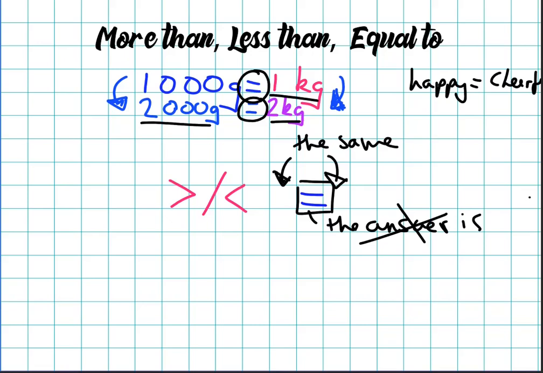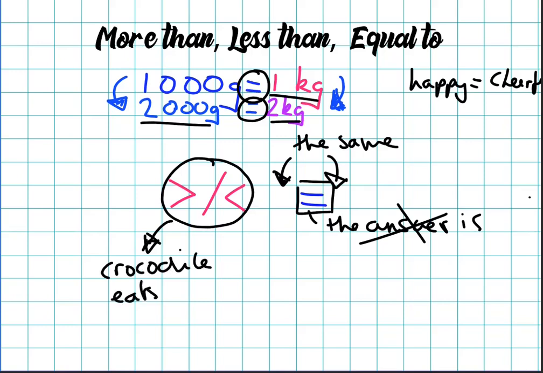For the other symbol that we're looking at here, the more than and less than symbol really is one symbol looking 2 different ways. We always remember it, and I always remember it, as the crocodile eats the bigger fish. Crocodile because the symbol itself kind of looks like a crocodile's mouth.